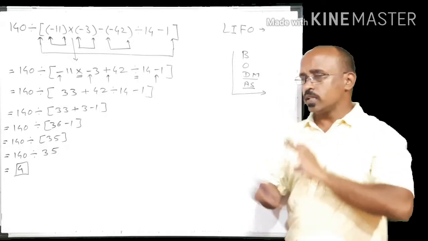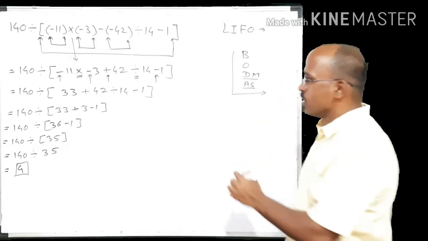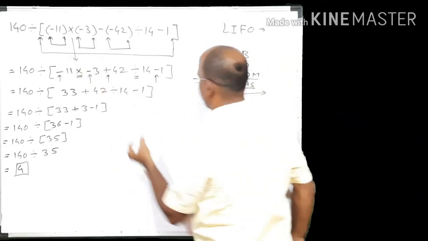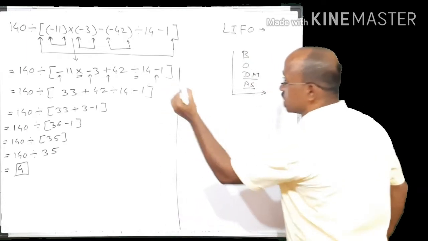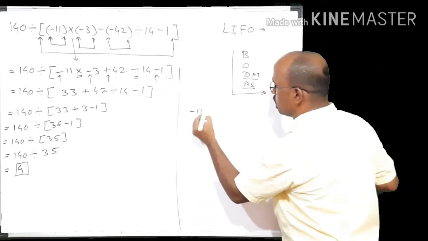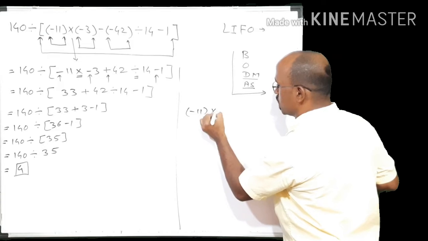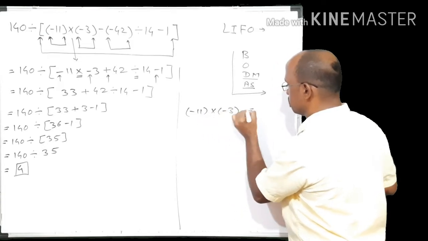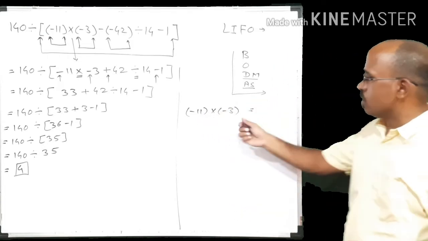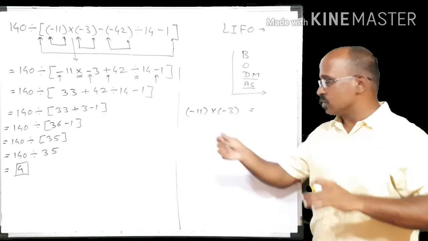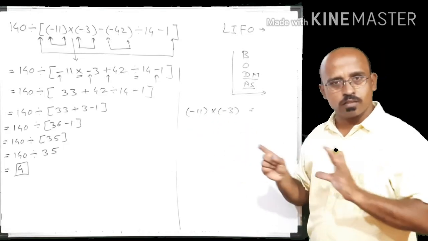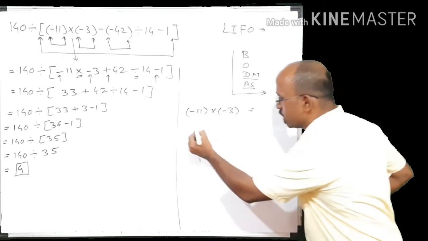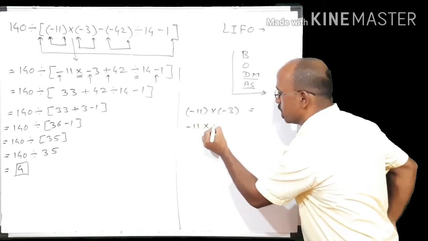Okay students, now in this example, look at these two steps carefully. I am going to write it separately. First step, minus 11 multiplied by minus 3. After removal of the bracket, this minus 11 and minus 3 doesn't change, right? So they remain as it is, minus 11 into minus 3.